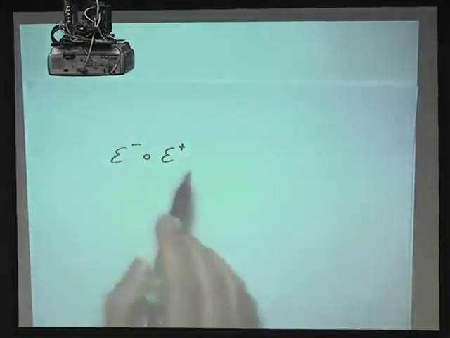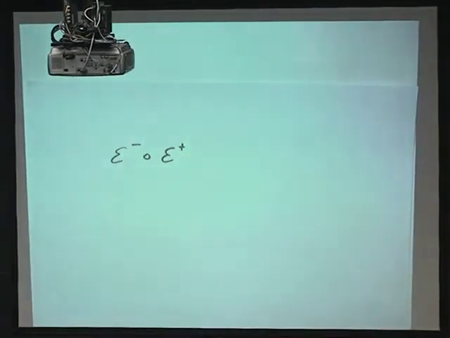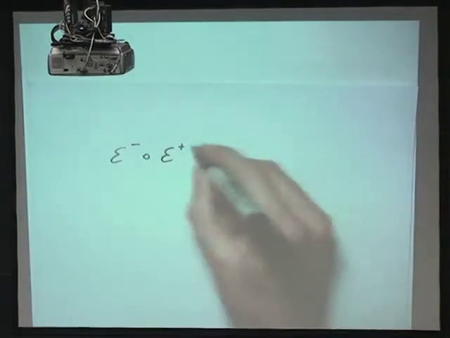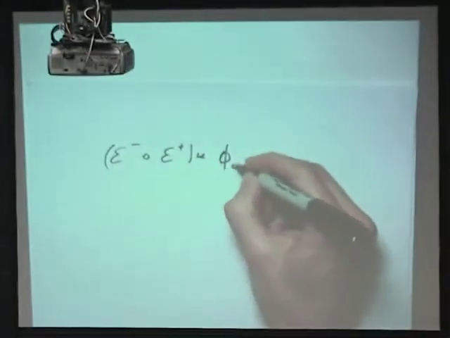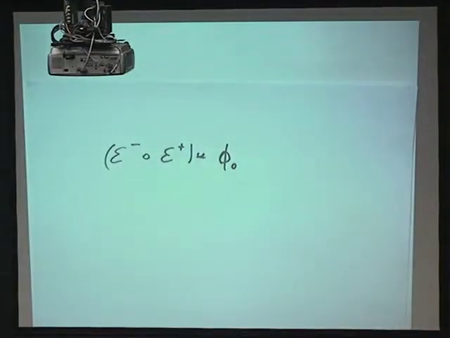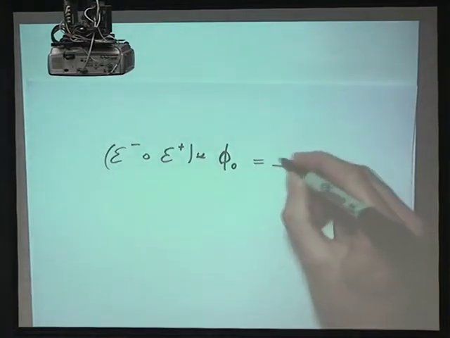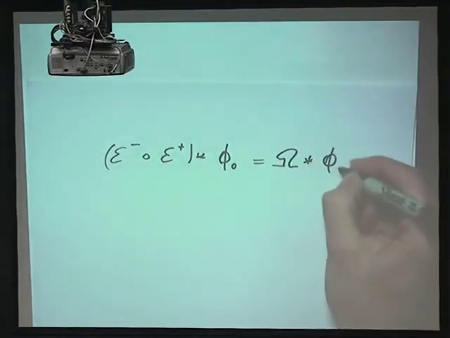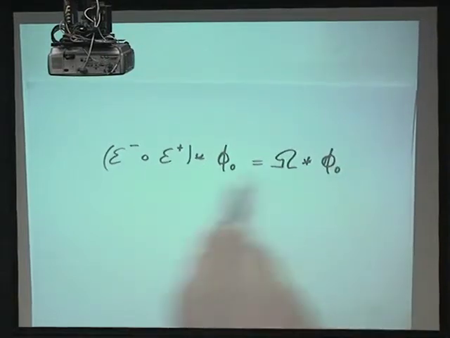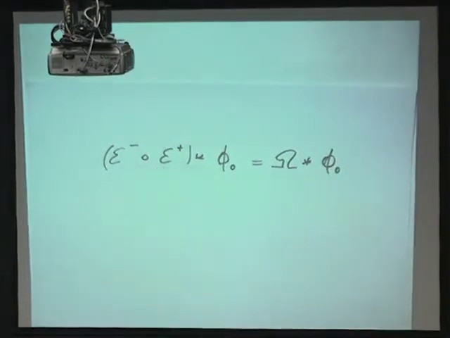In general, the relationship between the Casimir and the raising and lowering operator is more complicated, but if I apply this to the function phi 0, then I just get Laplace applied to phi 0, which is the Casimir applied to phi 0. Because the difference between the Casimir and this are some w's, w squared and w, but phi 0 is weight 0, so the w doesn't do anything to the phi 0. So that's a trivial thing.